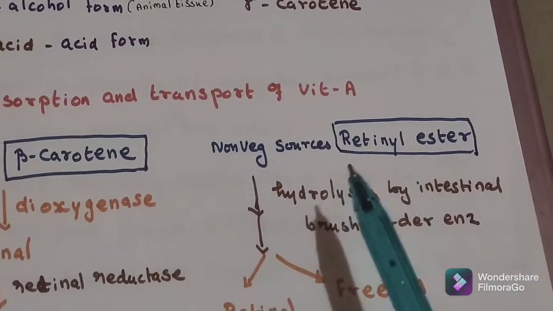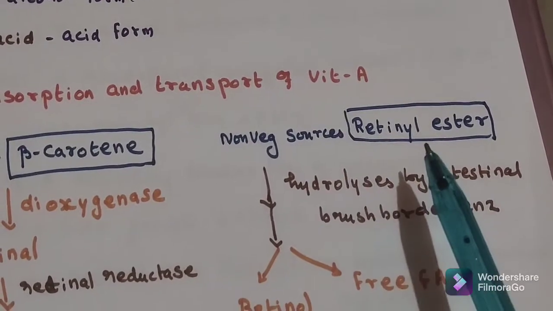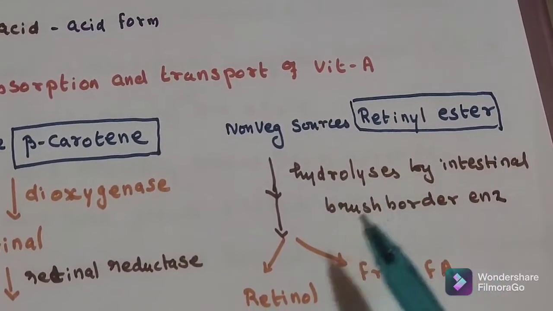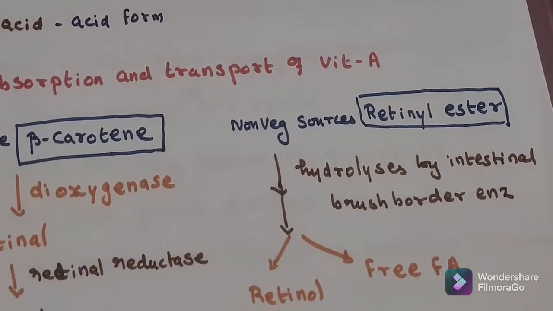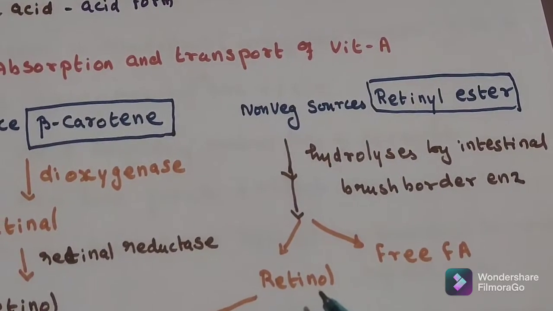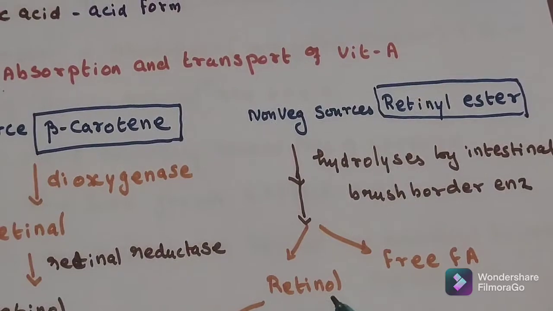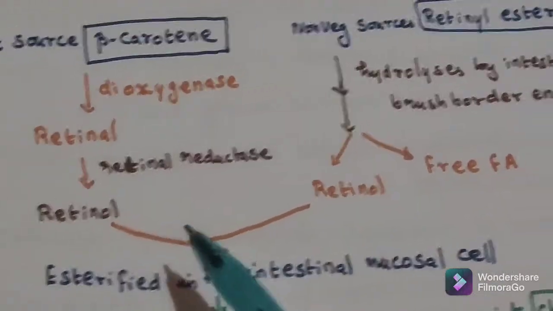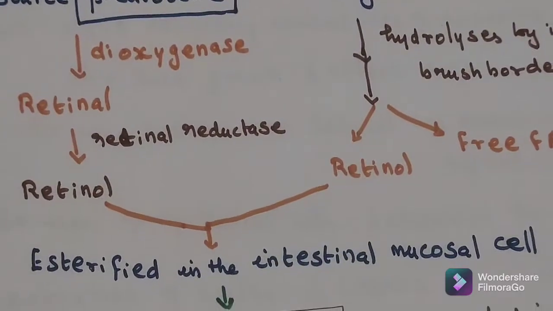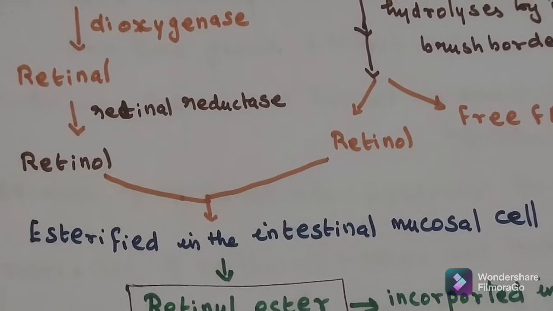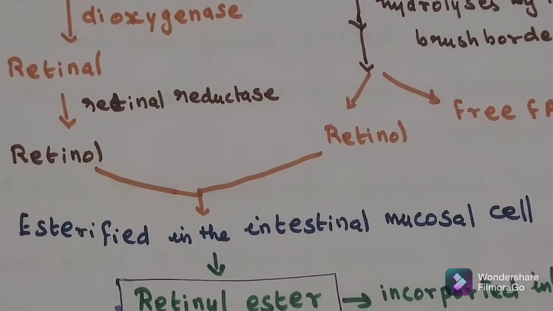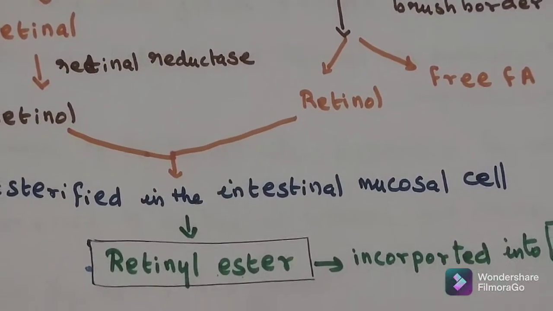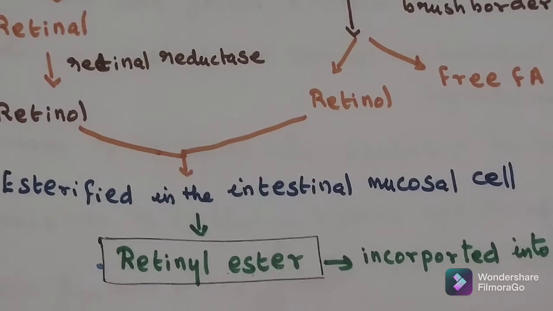From non-veg source, retinol ester is hydrolyzed by intestinal brush border enzyme into retinol and free fatty acid. Now both retinol and fatty acid are again esterified in the intestinal mucosal cell and converted into retinol ester.